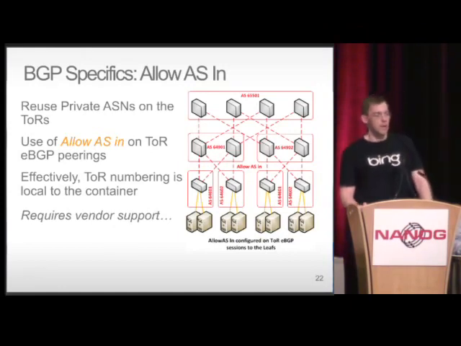We apply this feature on our ToR switches on the uplink sessions to the leaves, and we reuse the same BGP AS numbers inside the containers. So essentially, in every container we have AS numbers 1, 2, 3, 4, and 1, 2, 3, 4 again, and so on and so forth.